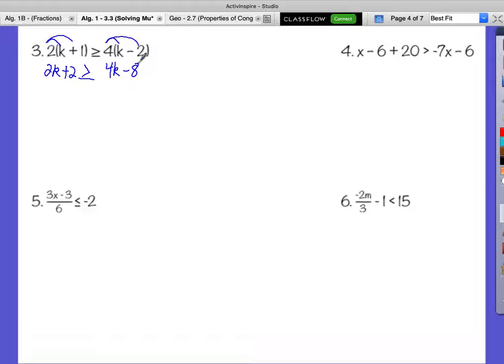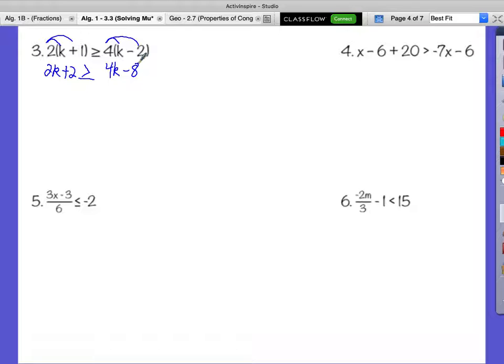Now, how do we go about solving this? Before, when we did equations, we said which of the k's would we rather move? The lowest one, right? We probably want to subtract 2k here. Here's the thing, though. Where do we want our k's to end up at the end? The left side. We wanted our variables to end on the left side.